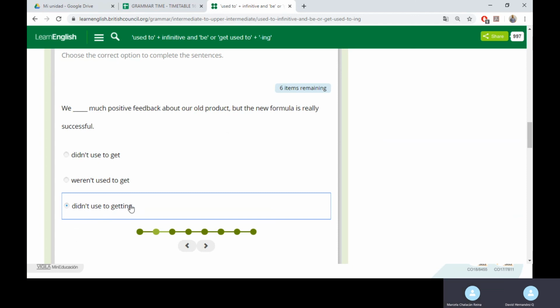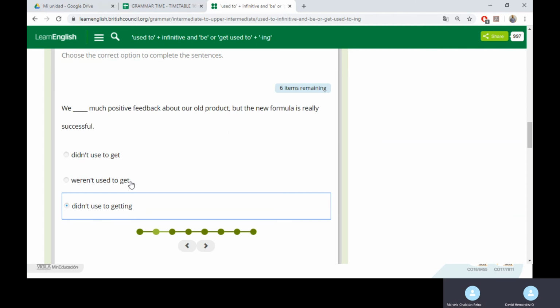Y en este caso no hay verbo to be aquí, ¿cierto? Ah, ya. Tampoco está al principio de la oración. Entonces, no podemos utilizar este ing porque no tenemos el verbo to be en la opción. El verbo to be está acá, míralo en la segunda opción, pero nos dejan el verbo sin la ing.